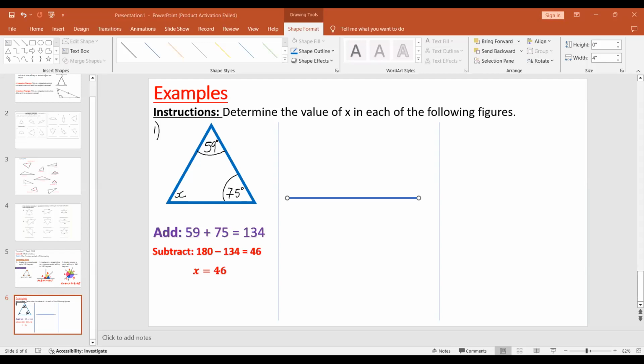Okay, let's move on to the next question. So we have a straight line, and for the straight line we're going to do something like this.